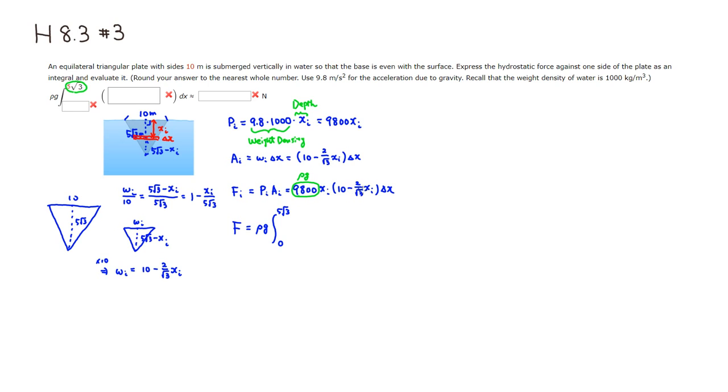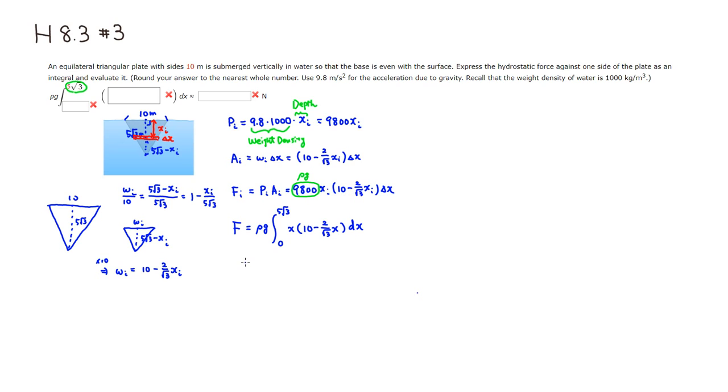Alright, so you have an x, I'm just going to put the x here, and then we put 10 minus 2 square root of 3 x, and the delta x becomes dx. Alright, so we have that. So let's compute this.